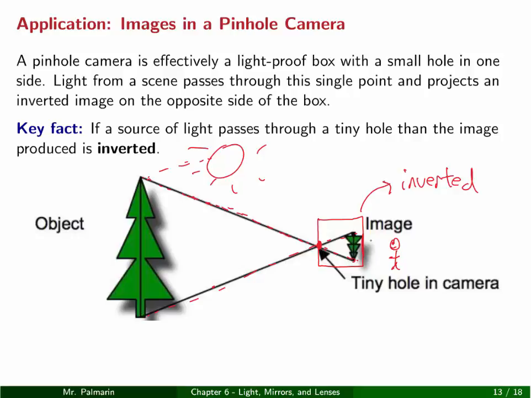So what we can do, this is kind of like a basic application, is depending on the size of the pinhole camera, the distance from the image to the hole, also the size of the tree, and this distance right here to the camera, you can predict how big the object is, how big the image is, and what the distance is from the tree or the object to the camera.